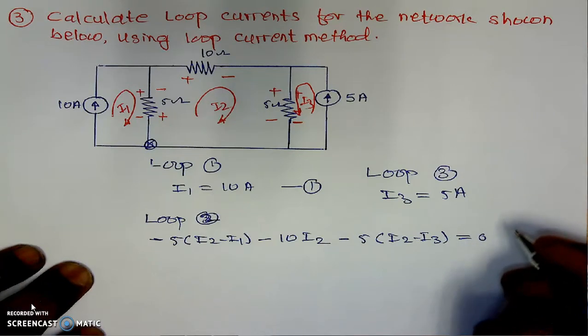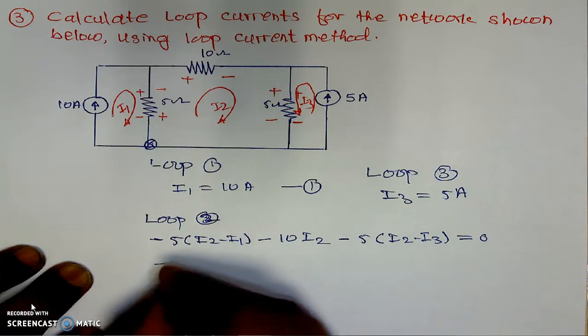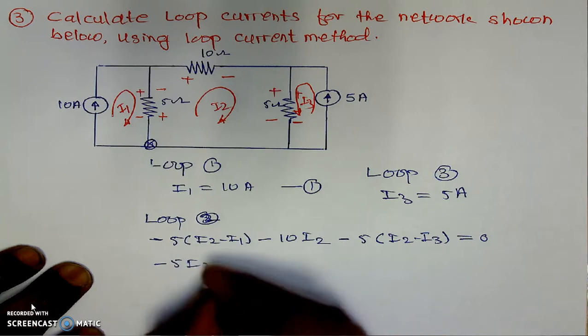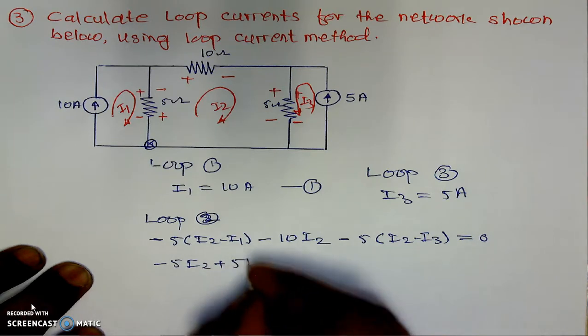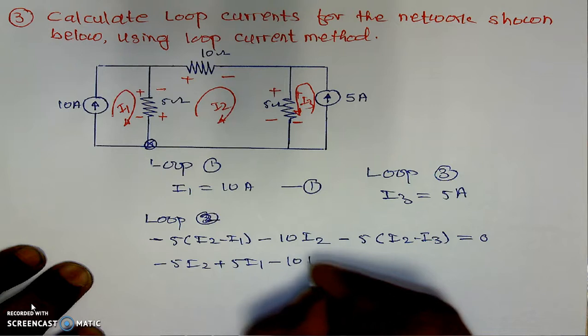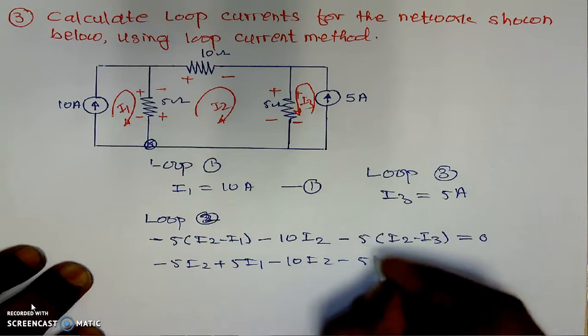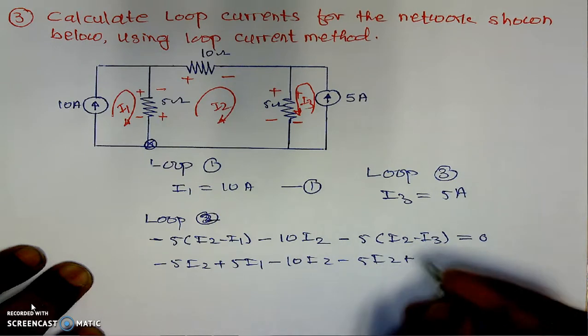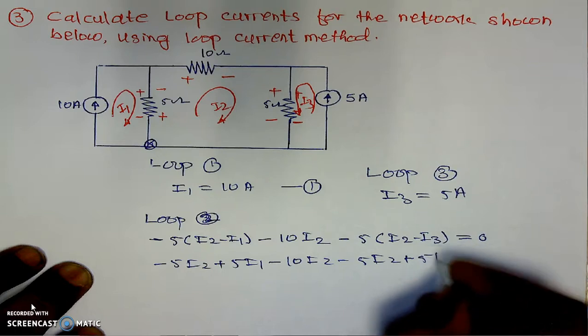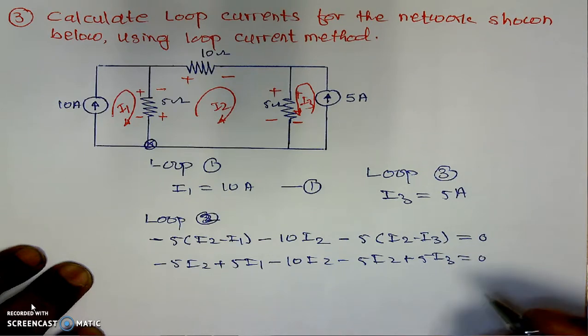If we simplify this equation, it will be minus 5 into I2 minus of minus, which is plus 5 into I1, minus 10 into I2, minus 5 into I2 minus of minus, which is plus 5 into I3, equal to 0.